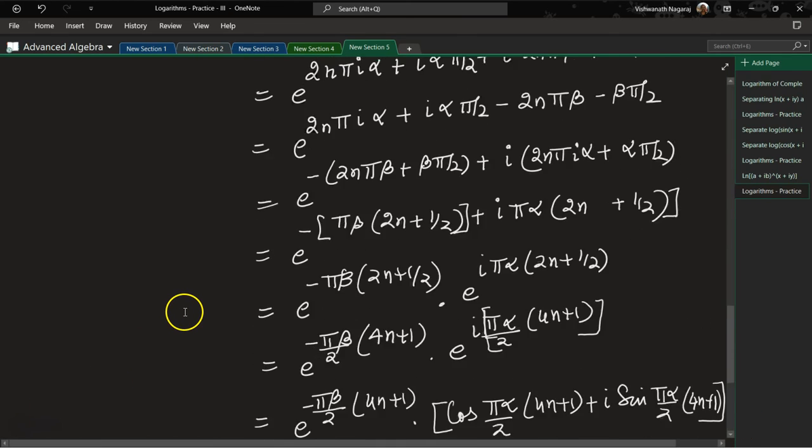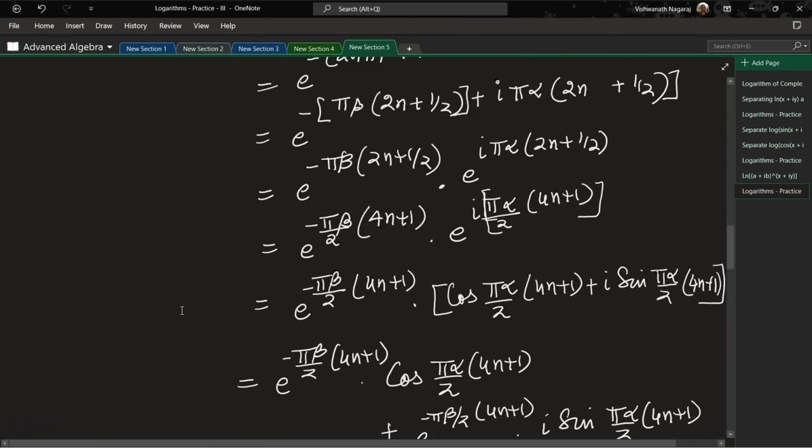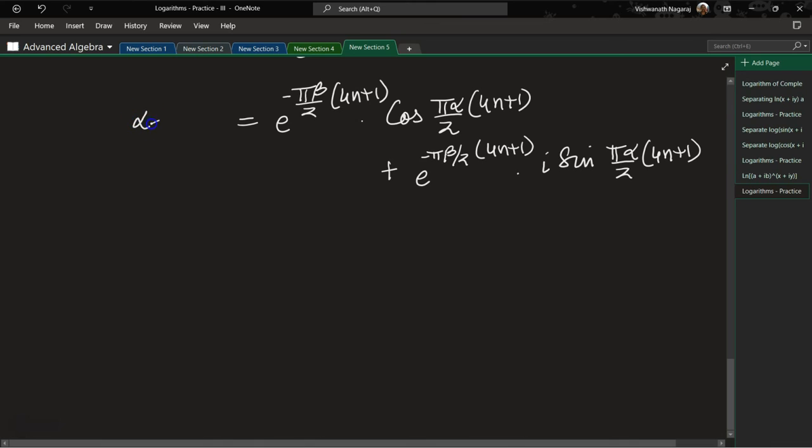What is on the left hand side? We have alpha plus i beta. So alpha plus i beta. Here we have, this is real, this is imaginary.